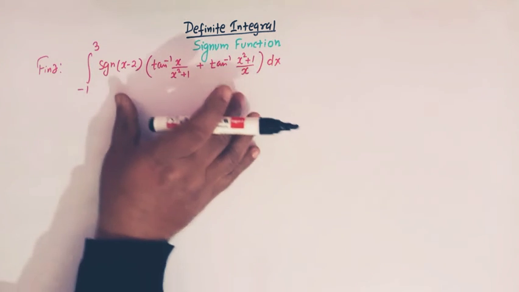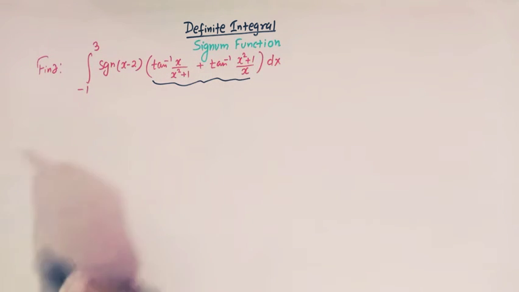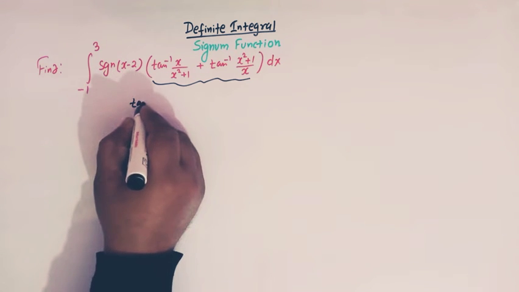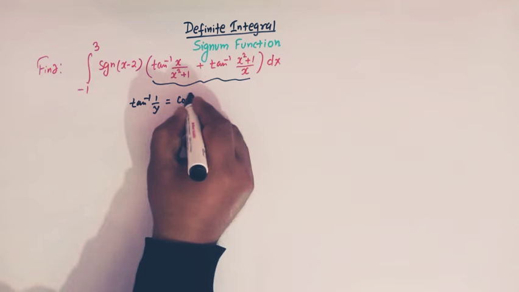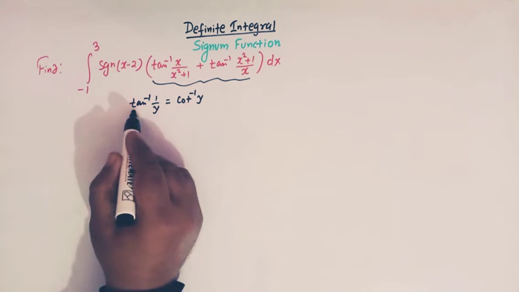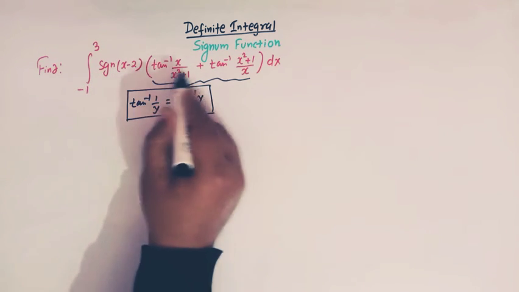So here let us first concentrate on this term. Now from the properties of inverse trigonometric functions, we know that tan inverse (1 over y) is equal to cot inverse y, and we'll make use of this property in this expression.